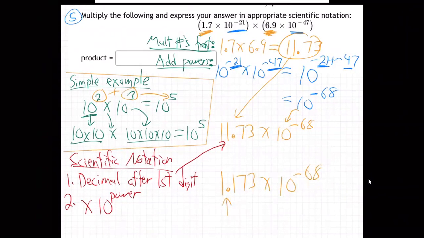What would be the reason? Why can't I just say, look, you want the decimal after the first digit? All right, I did it. There you go. No. Why not? Because scientific notation requires that you only have one number in front of the decimal.